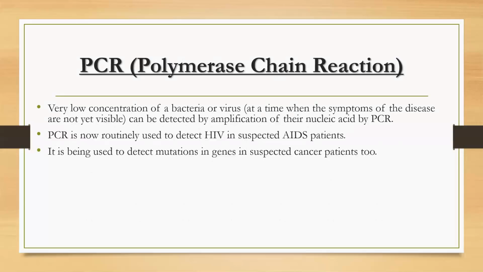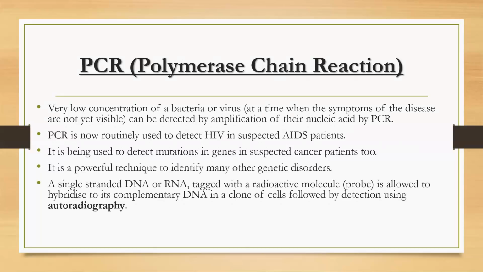That leads to the development of a tumorous growth. That is called as cancerous growth or the cancer, uncontrolled cell division. So it is basically controlled by the gene itself, the DNA itself. So here, such kind of mutations can be detected by the PCR. It is a powerful technique to identify many other genetic disorders also.